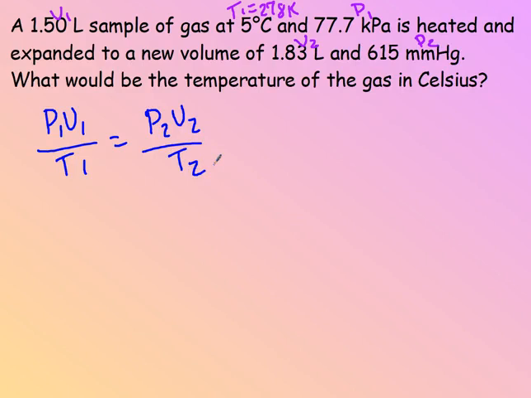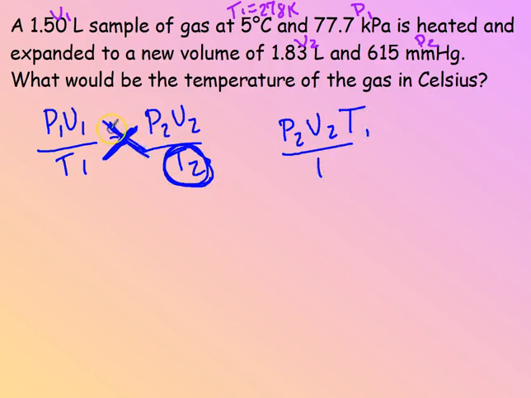Looking at these problems, I need to first figure out what am I solving for. I'm looking for temperature, the new temperature, so that's going to be temperature 2. I'm going to cross multiply, so the cross goes first. So P2V2 over T1. Then I'm going to do this one, which is P1V1 is equal to temperature 2. So I just need to plug it in now.